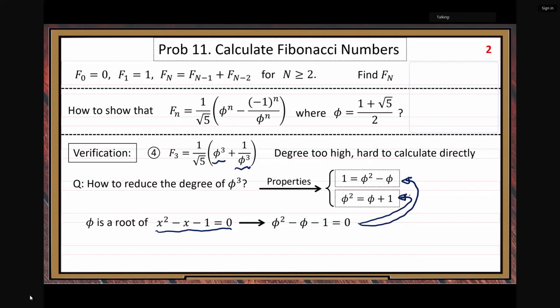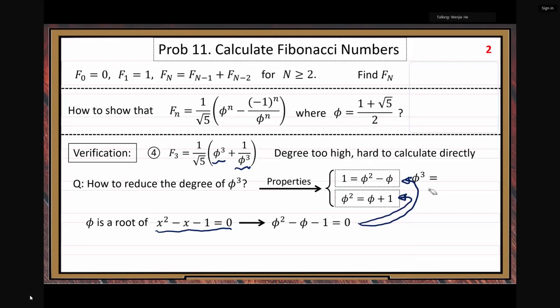Just move terms around, left to right, right to left. Apply some simple algebraic operations, and you can get those two properties. Sometimes we need the first property, sometimes the second. Now let's apply these two properties.